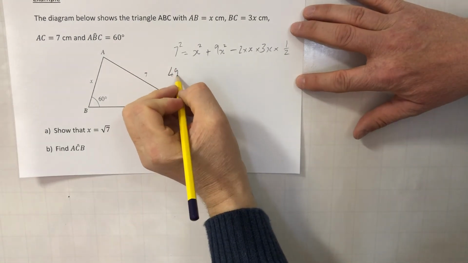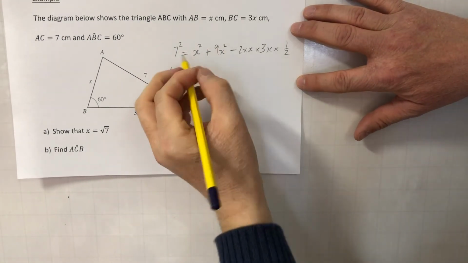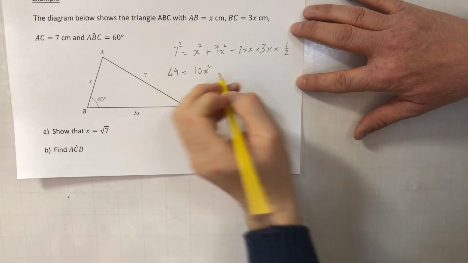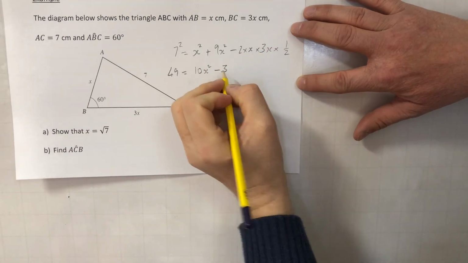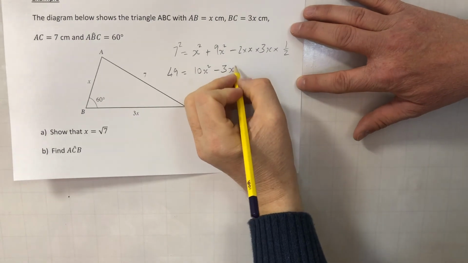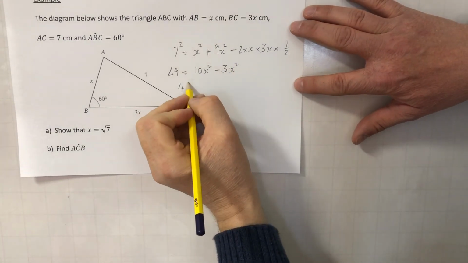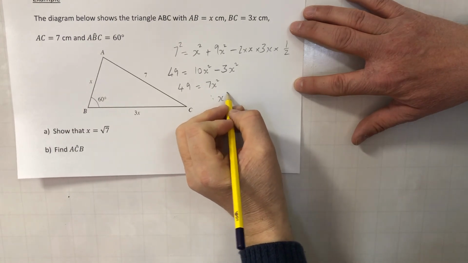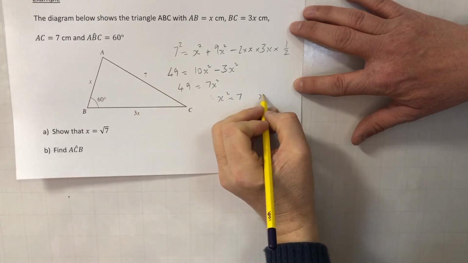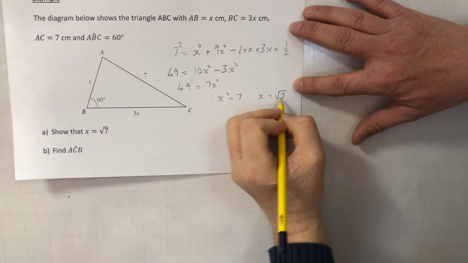So that's 49. X squared and 9x squared is 10x squared. 2 times 3 times a half is 3, and x times x is x squared. So therefore 49 is the same as 7x squared, therefore x squared must be 7, so x must be the square root of 7.